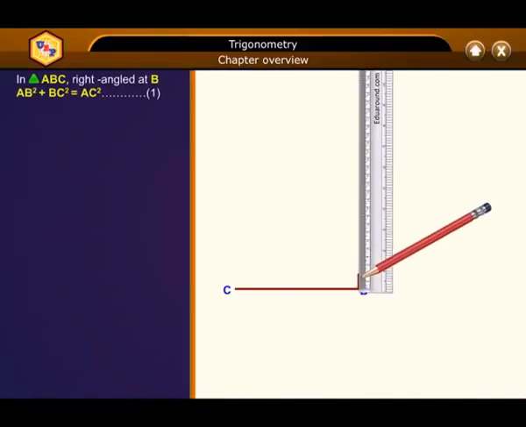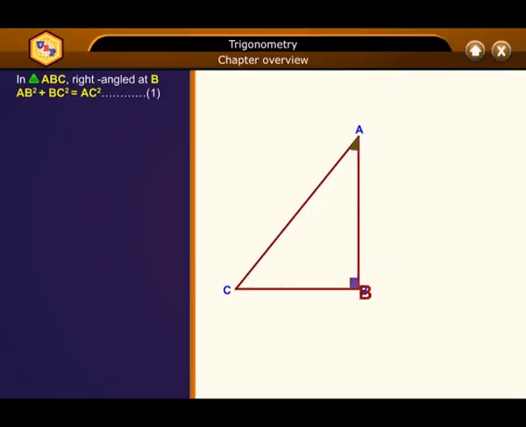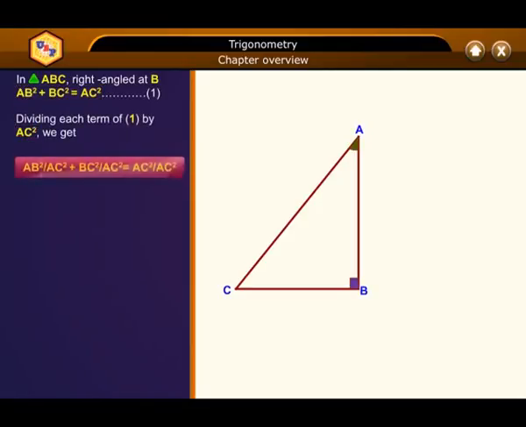In triangle ABC, right angled at B, AB square plus BC square is equal to AC square. Dividing each term of 1 by AC square, we get AB square upon AC square plus BC square upon AC square is equal to AC square upon AC square.